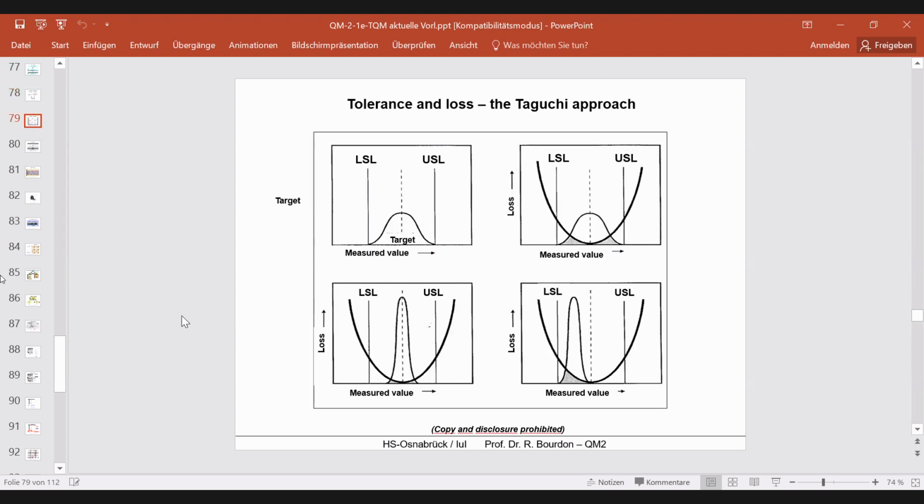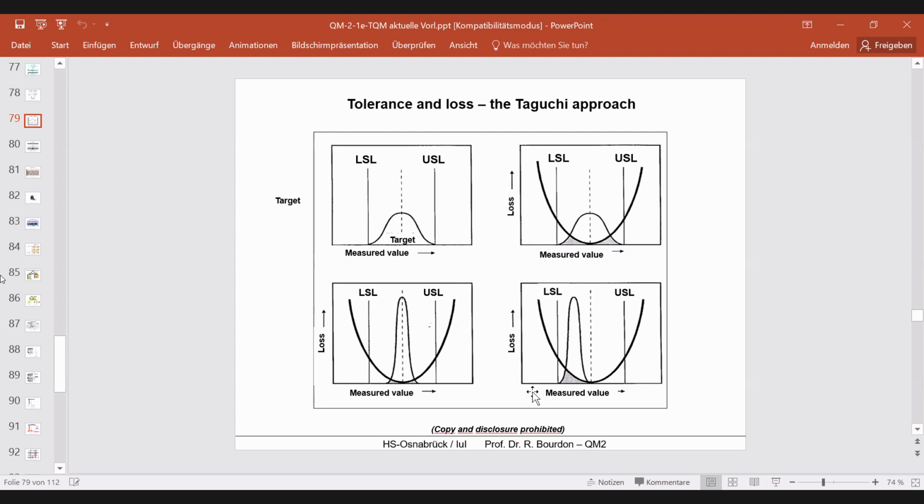And now the next step is if you do a combination of this loss function here with a normal distribution, then the area below these two curves here, this integral, this is the loss. And now, if it is possible then to get a small distribution with a low variation, then the area below these two curves is minimized.